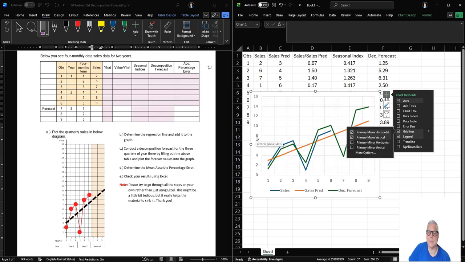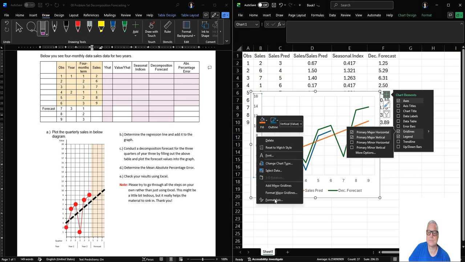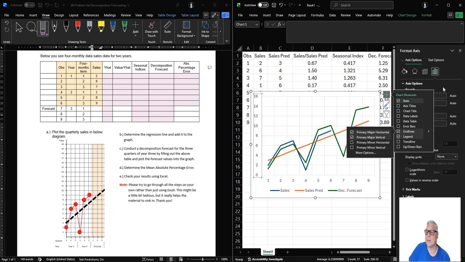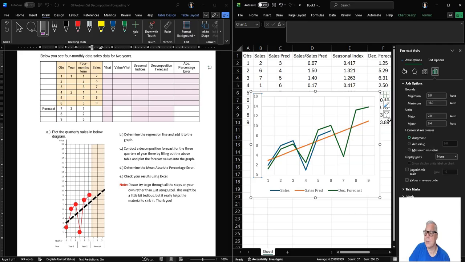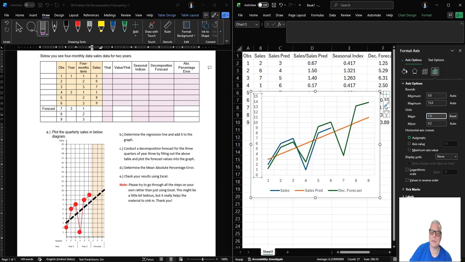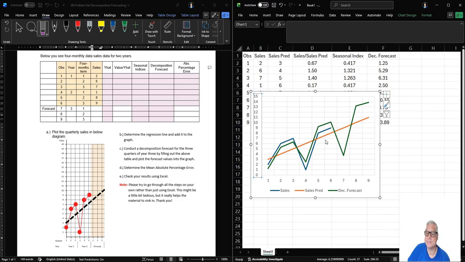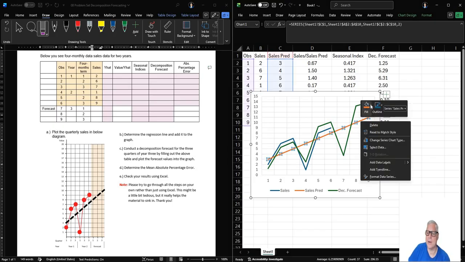And on the y-axis I don't want a major unit of 2, but maybe only 1. And so here the blue line is the actual sales, the green is the decomposition forecast, and the orange line is the linear trend line.